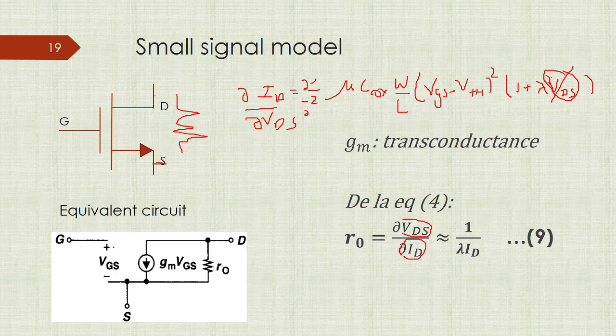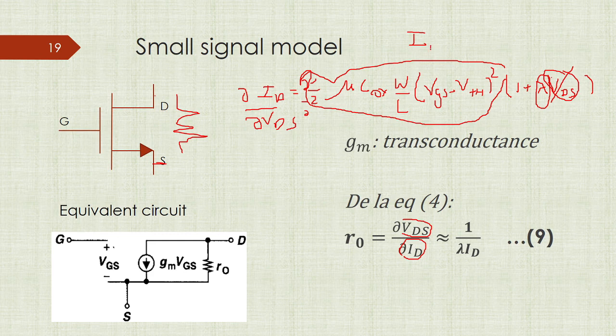We have lambda and this term, 1 over 2 mu Cox W over L. As we saw before, we can approximate this one to the current ID. Then we can invert each part of the equation, and the resistance will be equal to 1 over lambda ID.